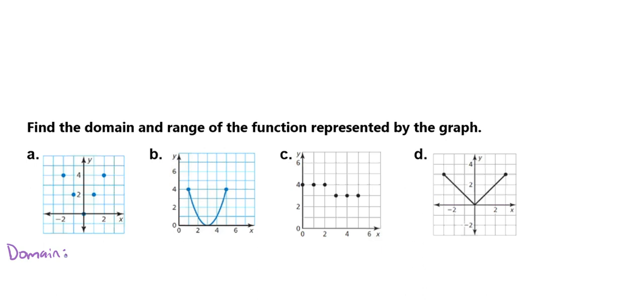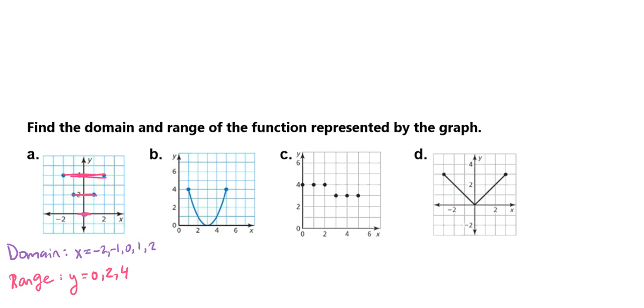So here we find that our domain is allowed to be the values where x equals -2, -1, 0, 1, and 2. Well, what are our ranges? The ranges, remember, are the things that y is allowed to be. So here we have a y at 0, we have y's at 2, and we have y's at 4. And those would be our range.